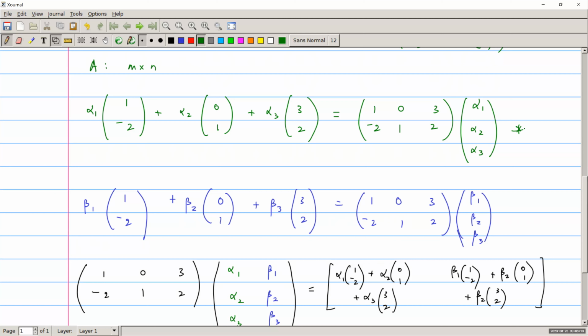One last thing. There are three vectors here: (1, -2), (0, 1), and (3, 2).